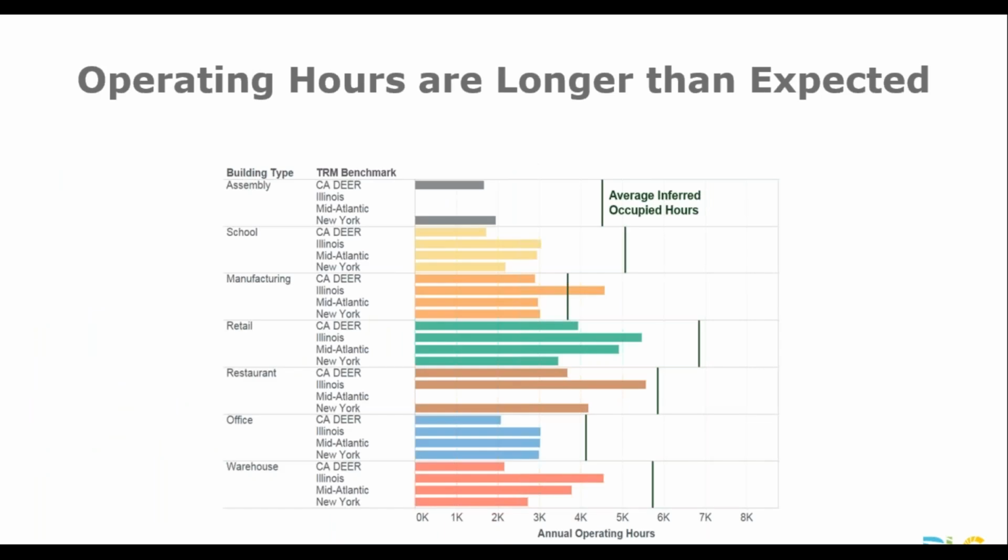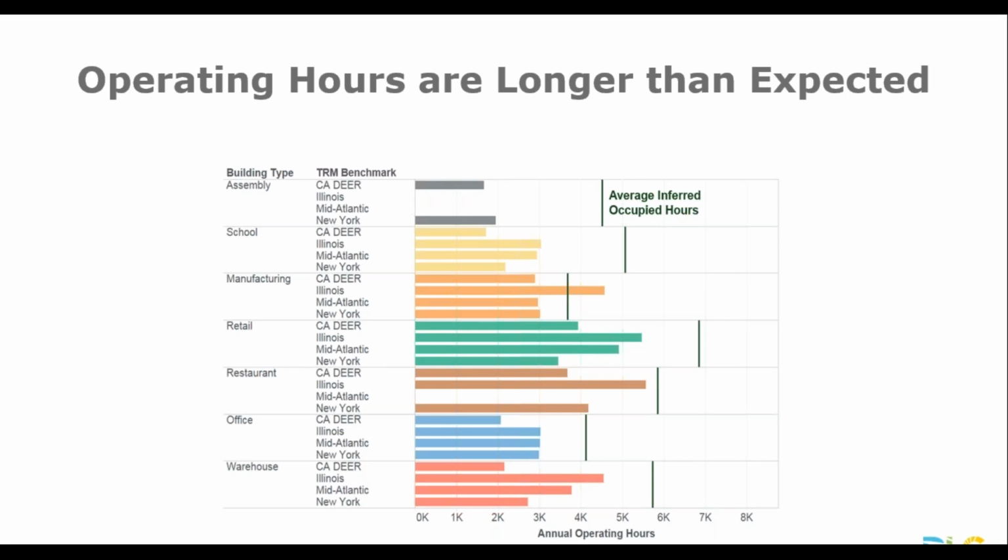Across all buildings in this study, we found that operating hours in the buildings with network lighting control systems were all above average when we compared to typical prescribed estimates of operating hours that some efficiency programs use to set baselines. This chart shows each building type horizontally, and then on the bottom we have the annual operating hours going from 0 to 8760.